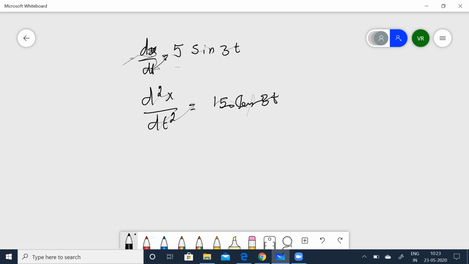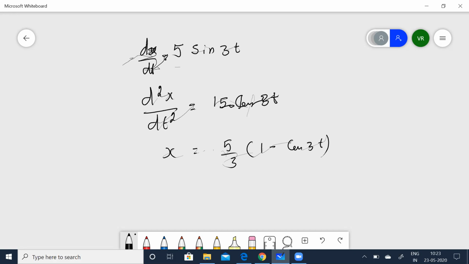And what would be the displacement? Displacement is the integration of velocity. So when I integrate this, I get x equal to 5 by 3 times 1 minus cos 3t.